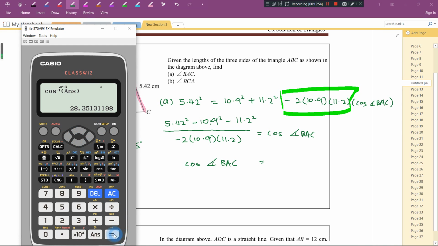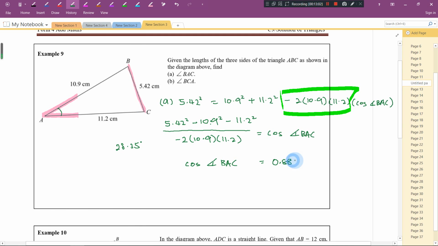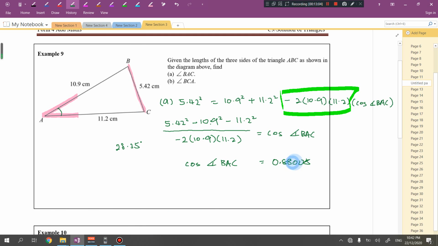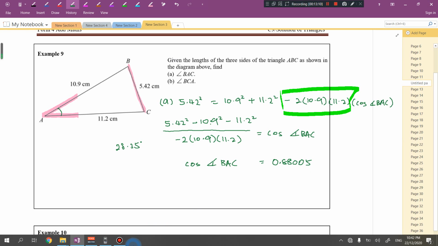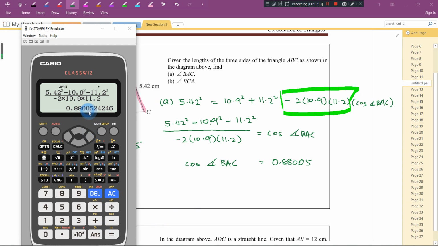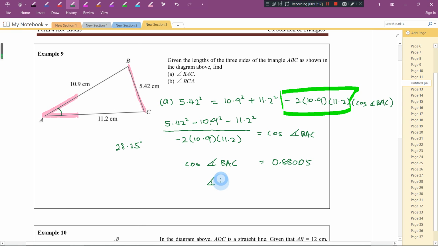If you don't want to, you can do it this way as well. Okay, let me go back. Okay, so round it off, 0.88005. Then only you press again. Angle BAC is equal to 0.88005.